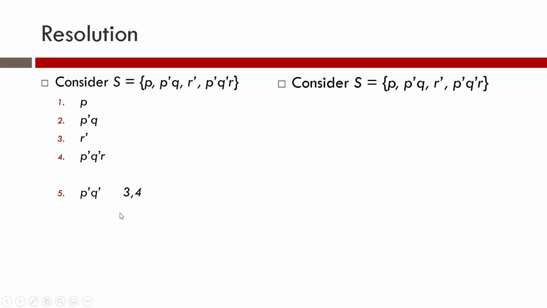Take the union and that will be P complement. So when we perform resolution on 5 and 2, the resultant is P complement.